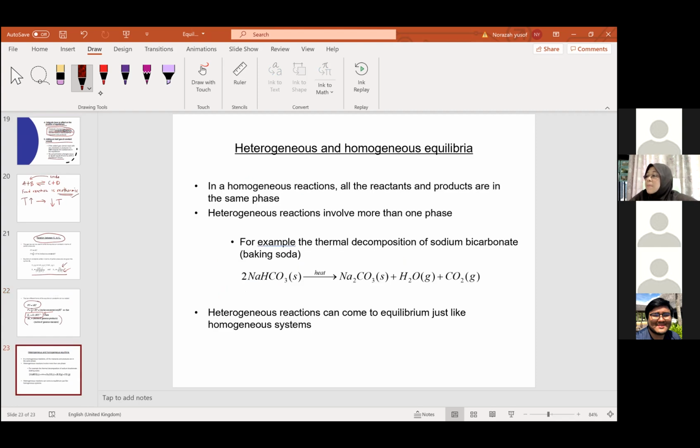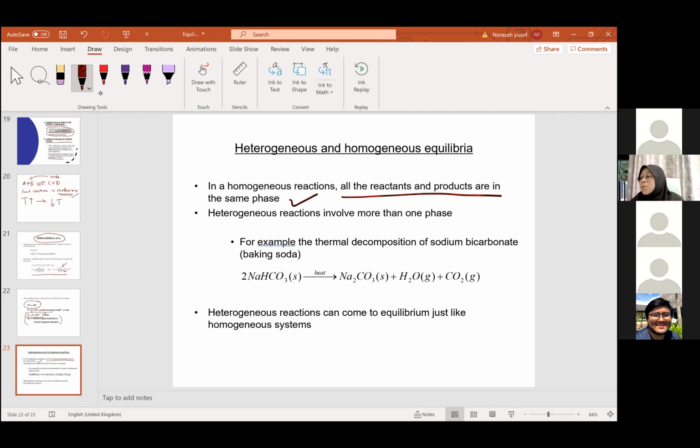Okay, this is just a description of what you can do when you have heterogeneous and homogeneous systems. If it is homogeneous, all reactants and products are in the same phase, meaning you are reacting gas with gas, liquid with liquid.